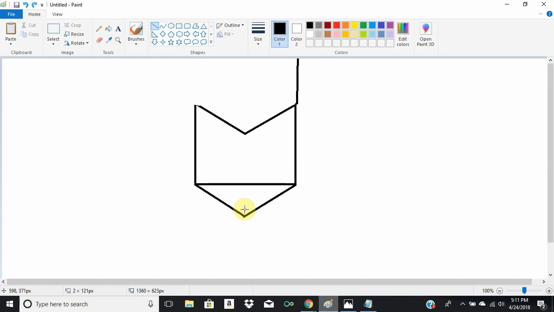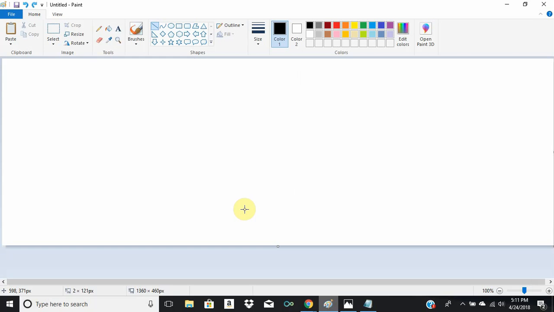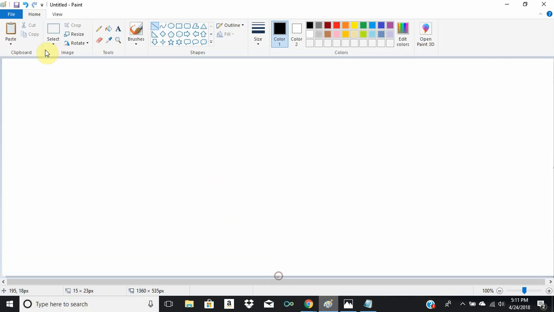Now, the next thing I'm going to talk about is the rotation tessellation. Let's start with a square again. Rotation tessellation is another type.